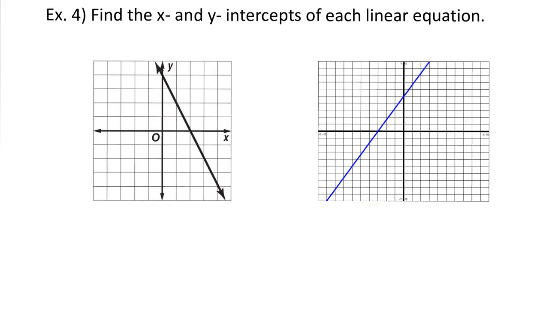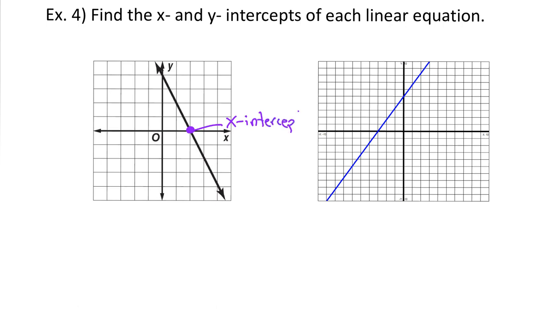So let's understand the graph first. The line is going downhill like this, going down from left to right. I'm going to plot the points where it crosses the x-axis. I'm looking at the x-axis and the line, and they intersect right here. So I'm going to put a point in that spot, and I'm going to say this is my x-intercept.